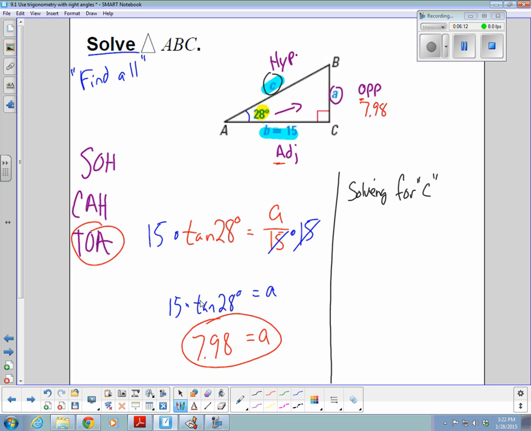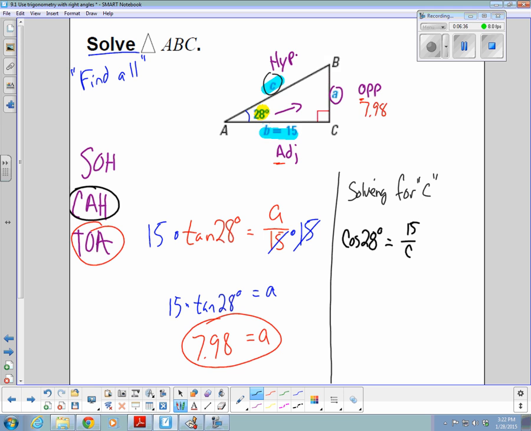The Sohcahtoa or the Toa? I have the A and the H. Which one has the A and the H? There's only one of those. That's cosine. So if I use cosine of my angle, which is 28 degrees, that's going to be equal to adjacent, which is 15, where my B is, divided by C, which I don't know.